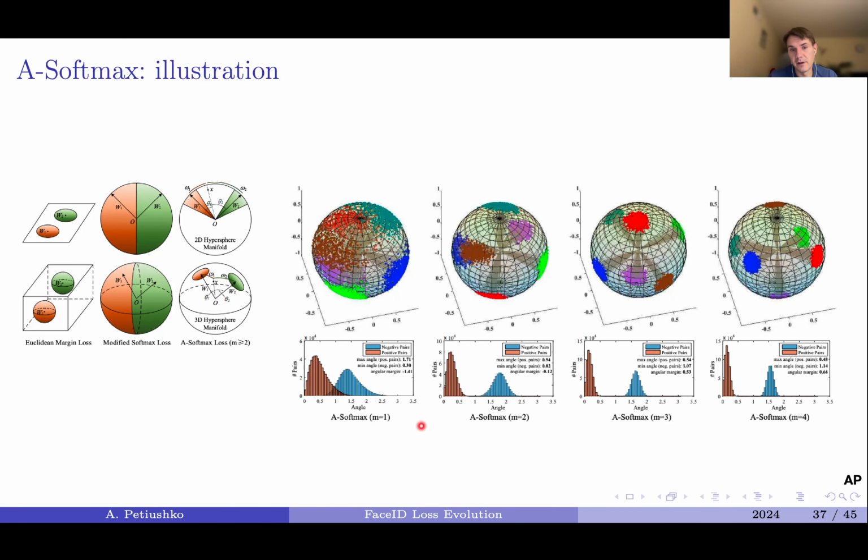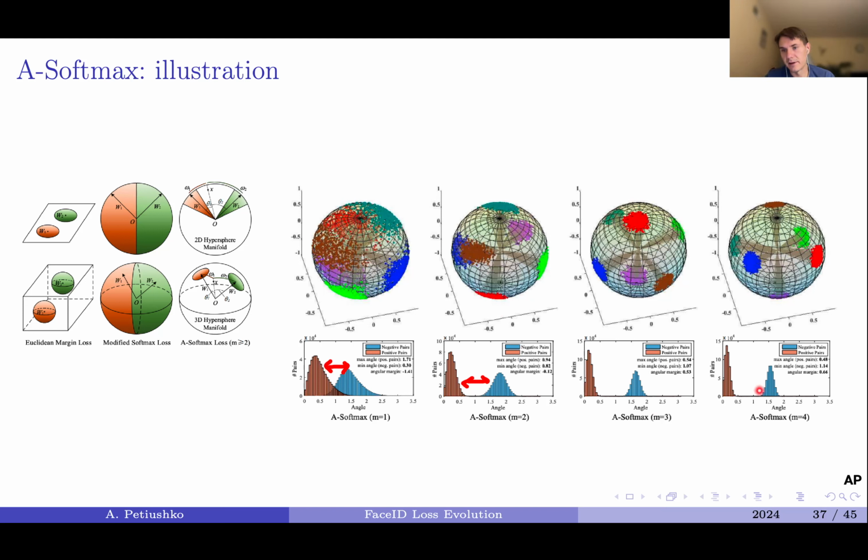And you can see here that by introducing bigger m, we get more and more aligned positive and negative pairs. These are the histograms of pairs; the x-axis is the angle, probably in radians, and the y-axis is the number of pairs.